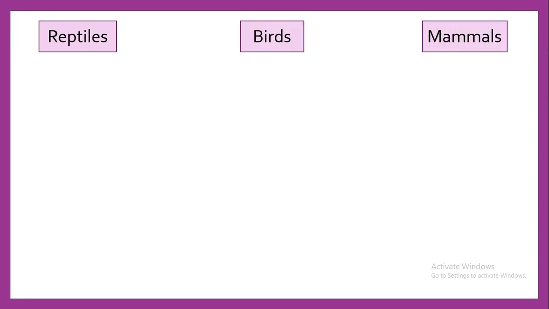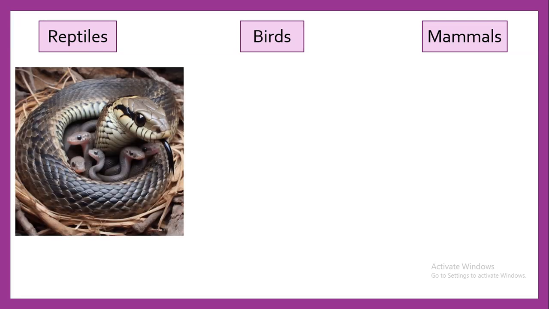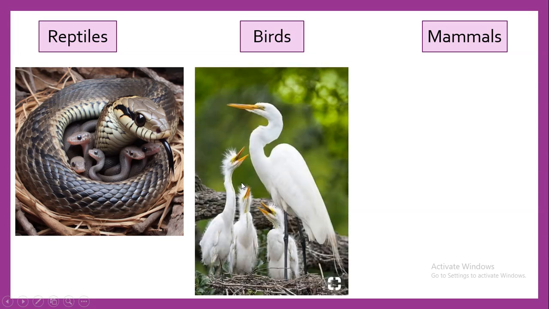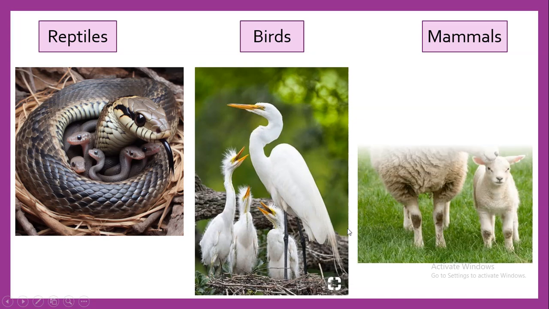On the other hand, reptiles, birds, and mammals have babies that look like their parents. Look at this snake here and its babies. They have the same features and the same body parts. Birds too, they have beaks, feathers, 2 legs, and wings, the same body parts.